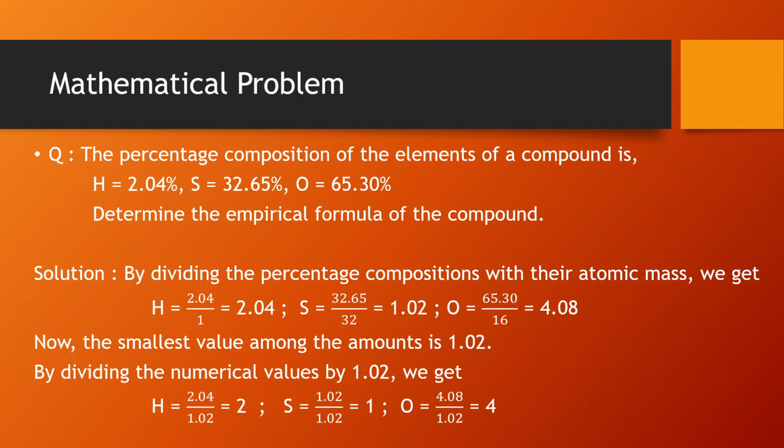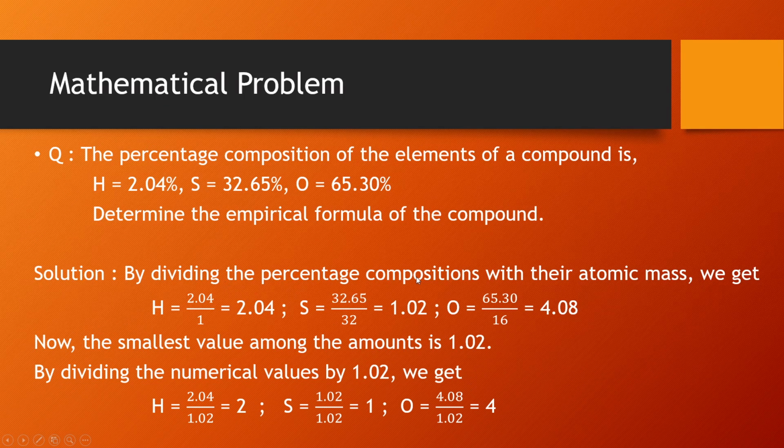A mathematical problem is given here. It says that the percentage composition of the elements of a compound is given, and we have to determine the empirical formula of the compound. First of all, the process is a bit new to the students.